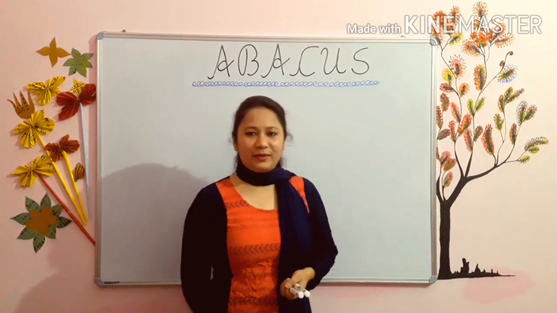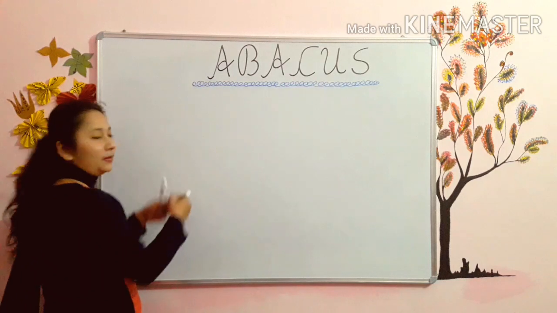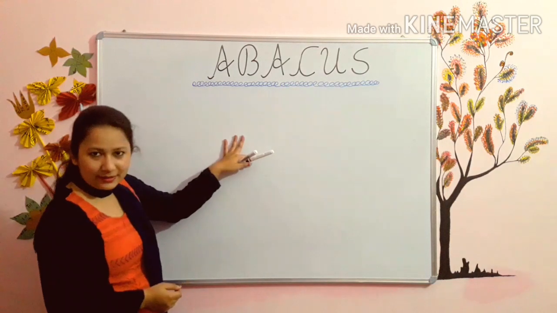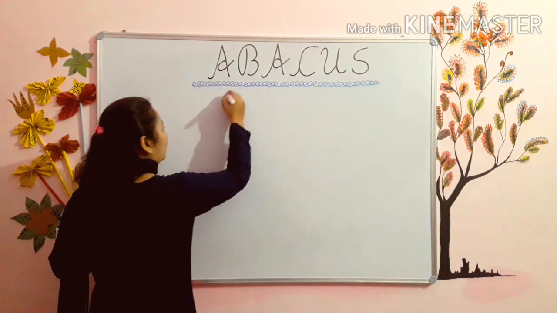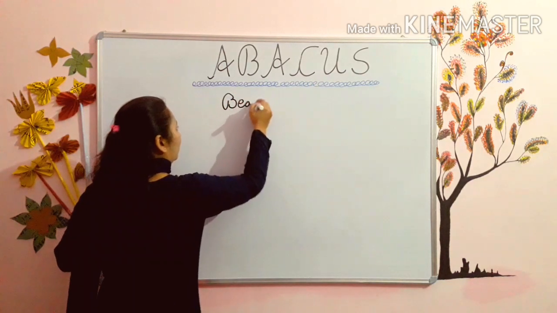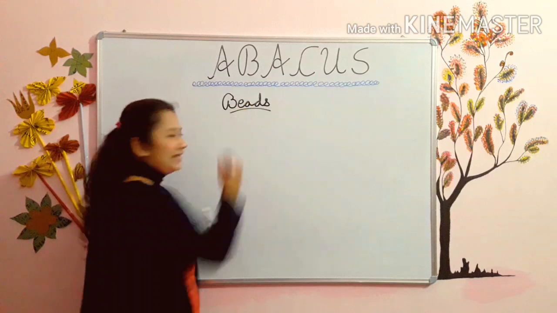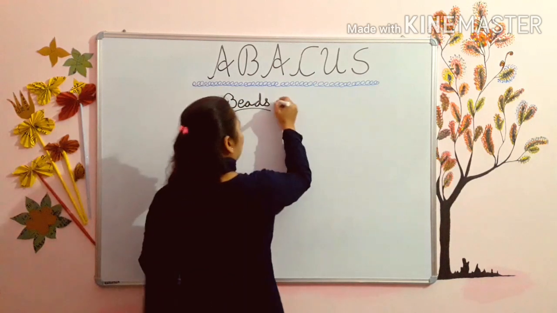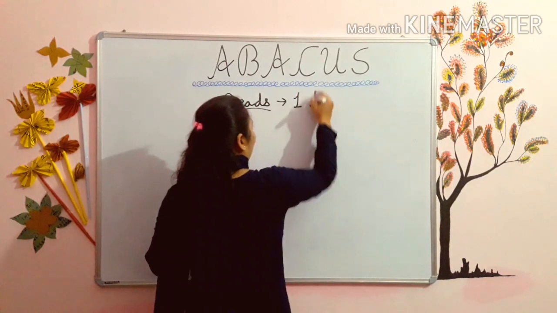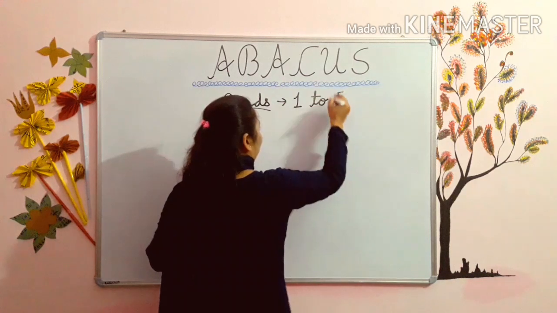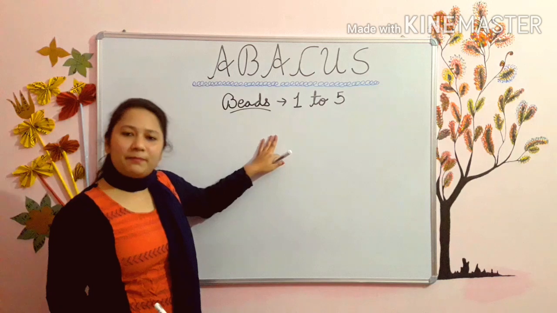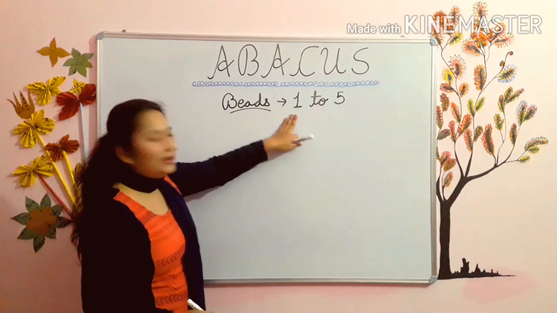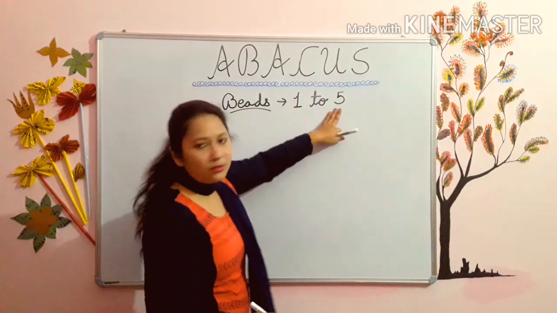So, previously in our abacus class, you have learned beats from 1 to 5.